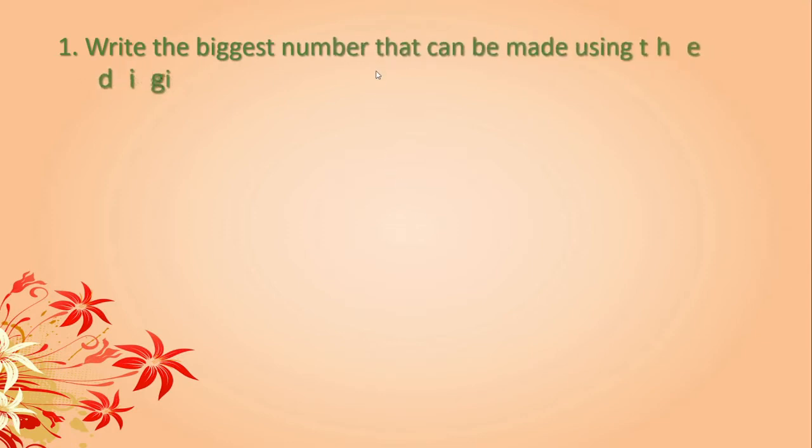We'll move. Write the biggest number that can be made using the digits 1, 3, 5, 7, 8. See, dear children, please try to understand the given sentence. Means here they have given us 5 digits. These digits we have to use to make the biggest number.